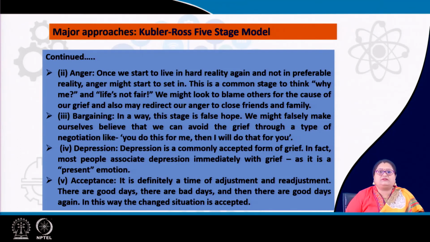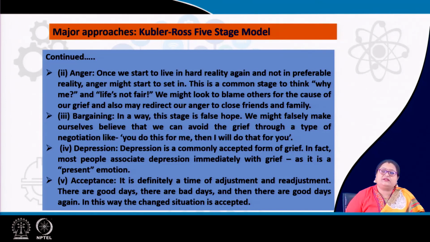The third stage is bargaining, which we can also call a false hope. We might falsely make ourselves believe that we can avoid the grief through a type of negotiation, like you do this for me, then I am going to do that for you. Sometimes, when we discussed the strategies of introducing change, we discussed negotiation as one of the processes.